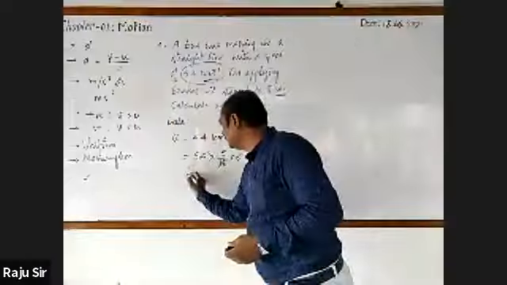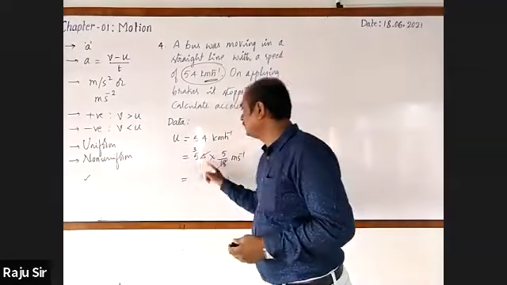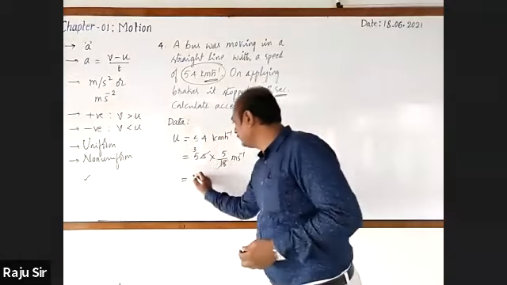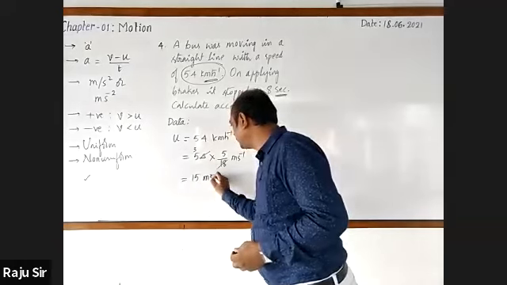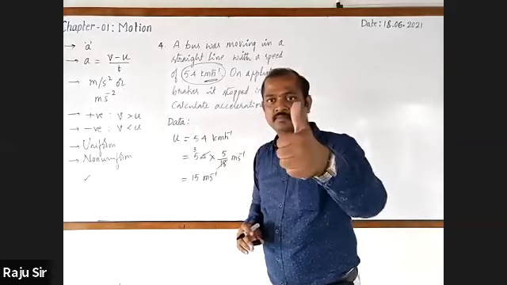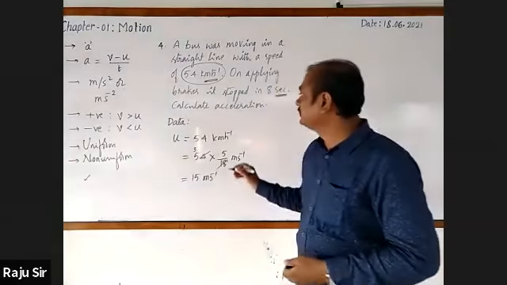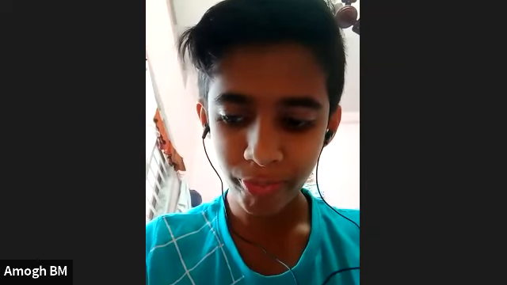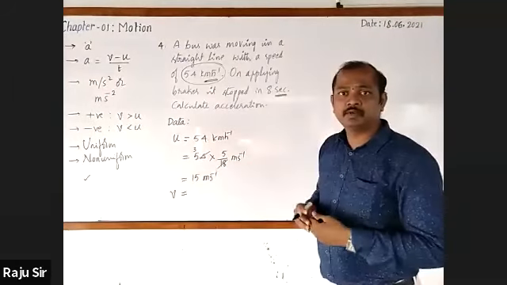Cancel it: 18 by 3 is 6... 3 fives are 15. 15 meter per second. Prashant, have you got it saved? Yes, sir. Okay.